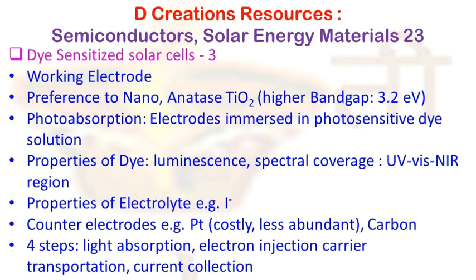So here it talks about different aspects. It talks about the importance of TiO2. It also tells you why a nanocrystalline electrode is preferred, because as you know, in case of nanomaterials, the surface area is dominant. The surface area to volume ratio is also very high.